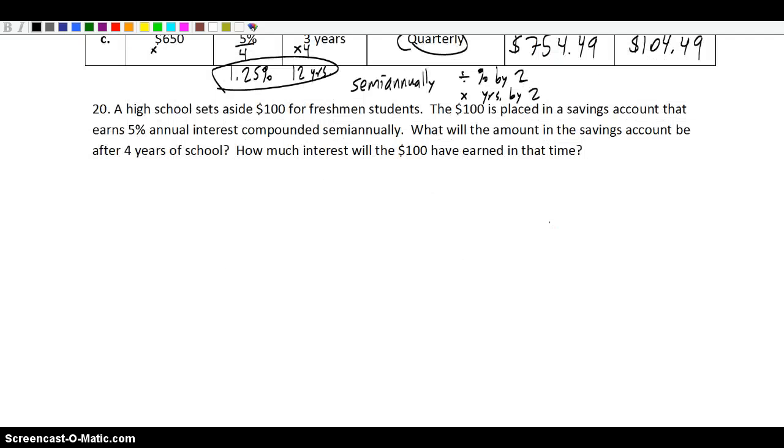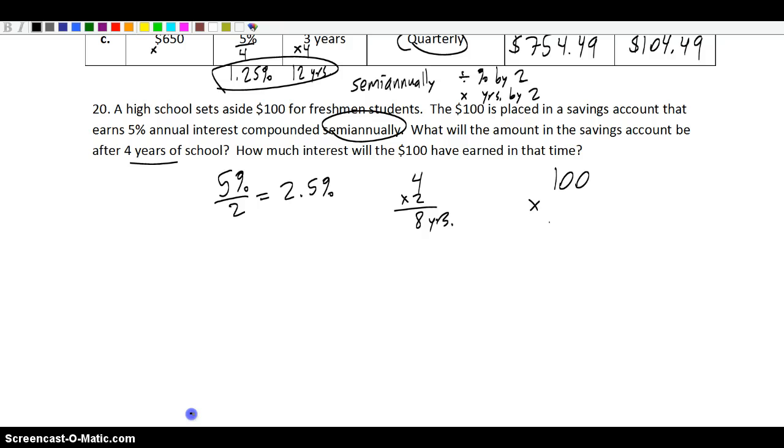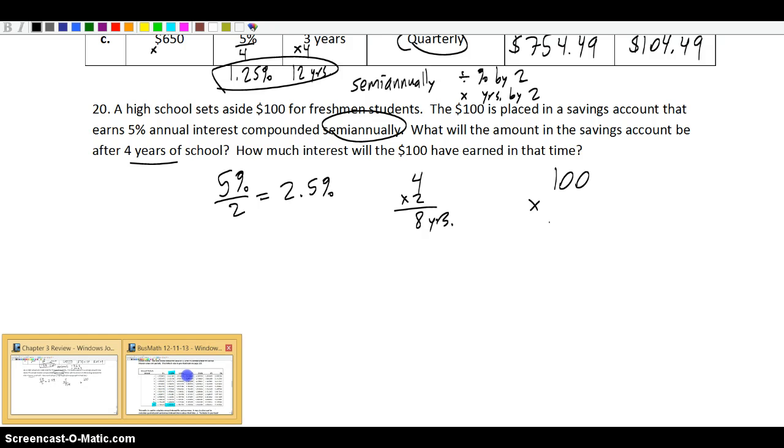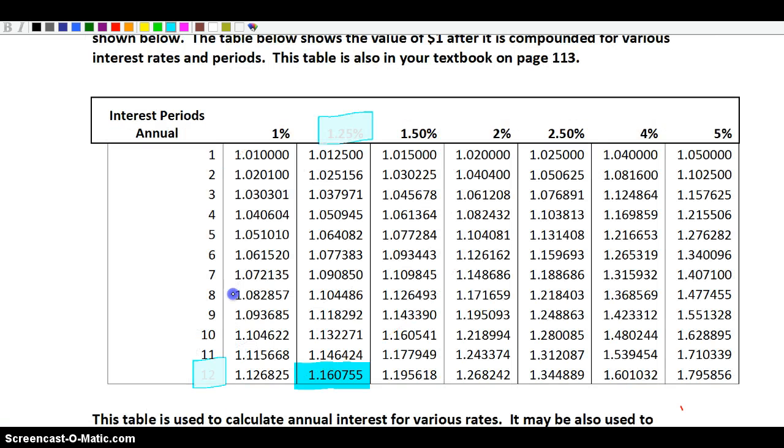Okay. Last one. A high school sets aside $100 for freshman students. The $100 is placed in a savings account that earns 5% annual interest compounded semi-annually. So we're going to take the percent and divide by 2, which is 2.5%. You're going to take the number of years, which will be 4 years, and multiply that by 2, so you get 8. Okay, 8 periods, really, but years is fine. How much interest will the $100 have earned? So we're going to take 100 times whatever it says for 2.5% for 8 years.